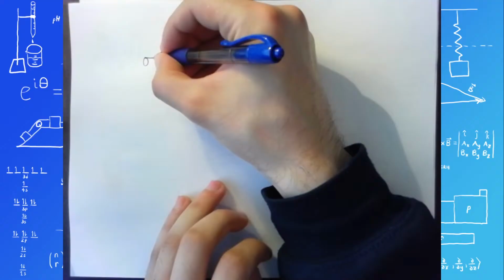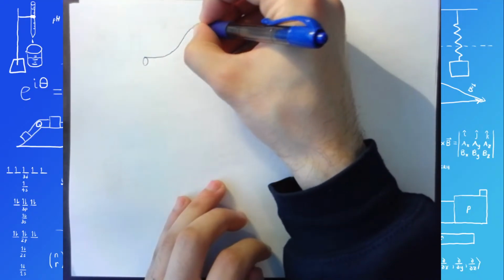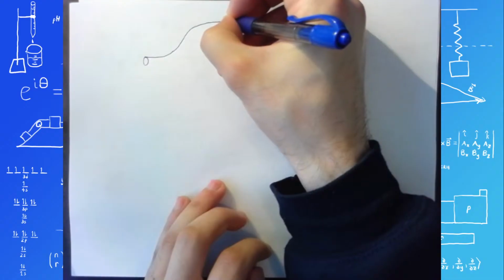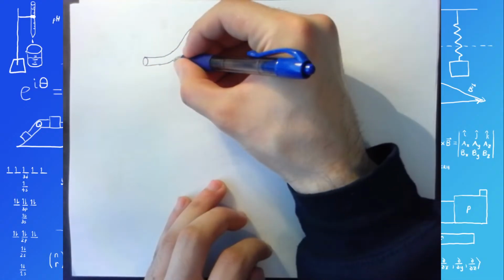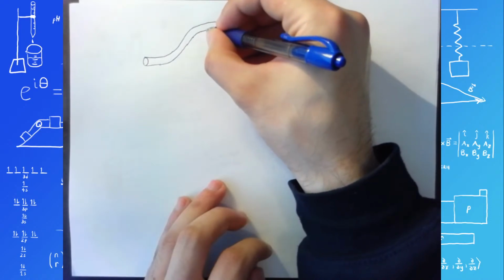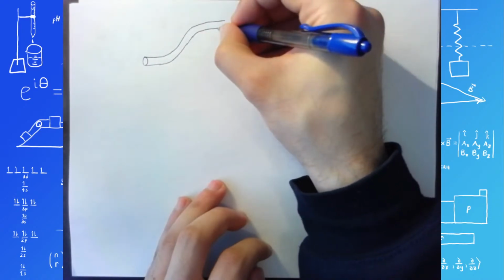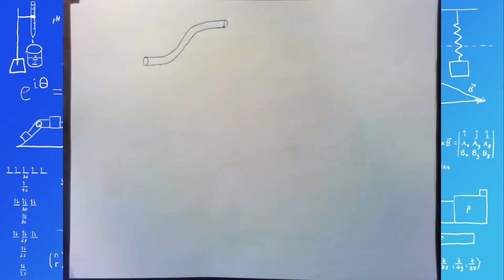So let's say I have fluid flowing through a tube, and the tube moves up to some height like this.